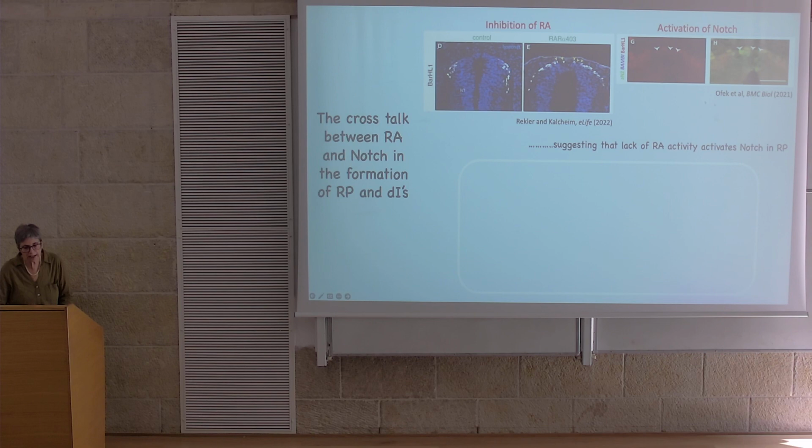Now, from Chaya's work, we also know that if we overexpress notch signaling, now this is an overexpression of a constitutively active notch, we see the same. We see BAR-HL positive neurons in the roof plate, meaning that lack of retinoic acid activates notch in the roof plate. And this is why we saw lunatic fringe and delta in the roof plate.